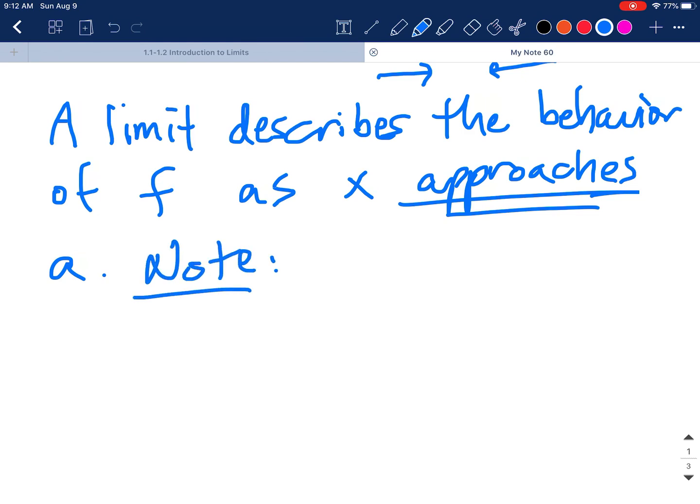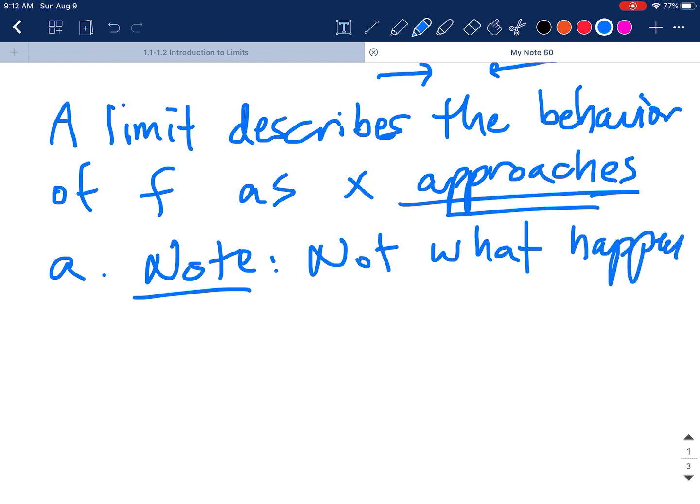So note, not what happens at x equals a. Our limit is describing the behavior as we get really, really close. But we actually don't care about what's actually happening at a.